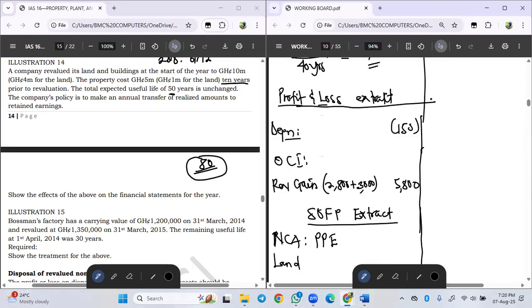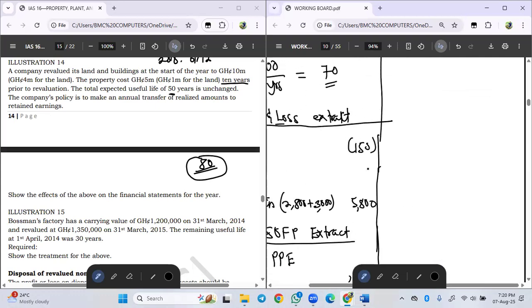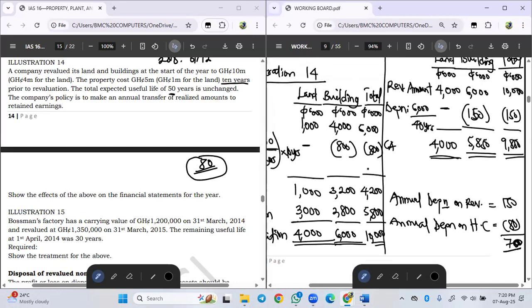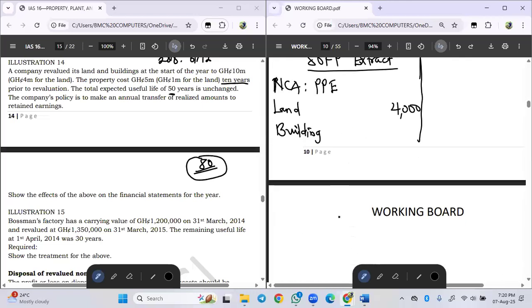That is the revalued amount. What about the building? Revalued amount less the depreciation charge for that particular year. So the carrying amount as at that date was what? 5,850.